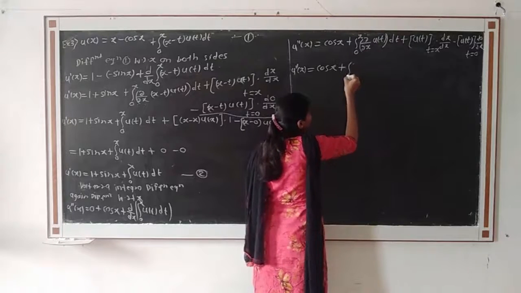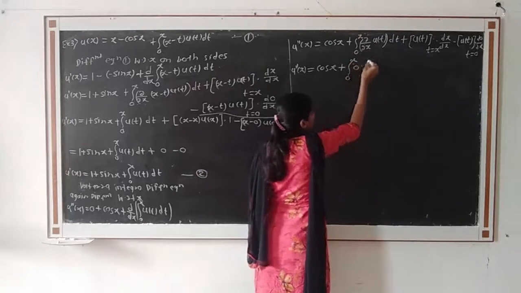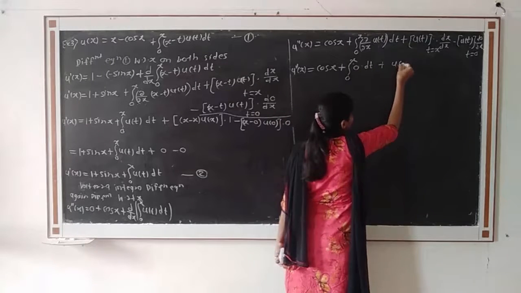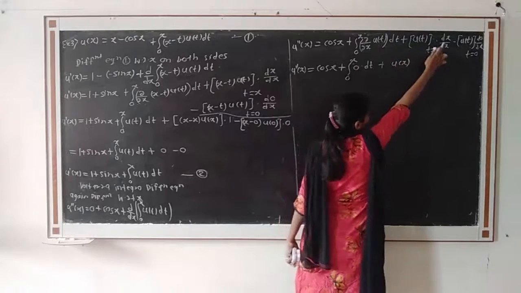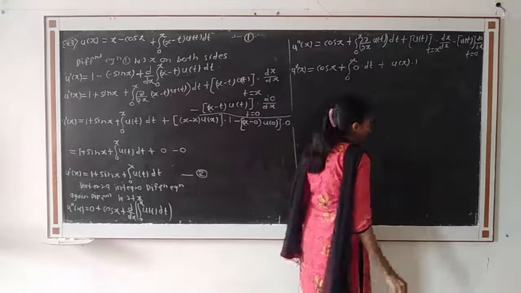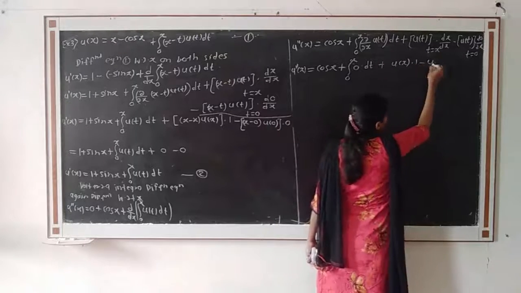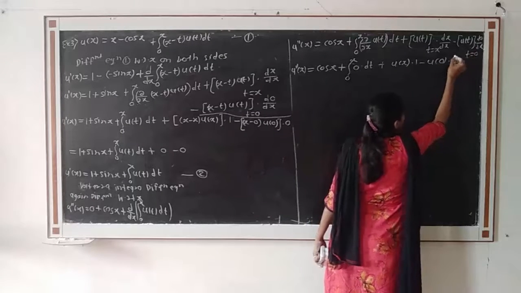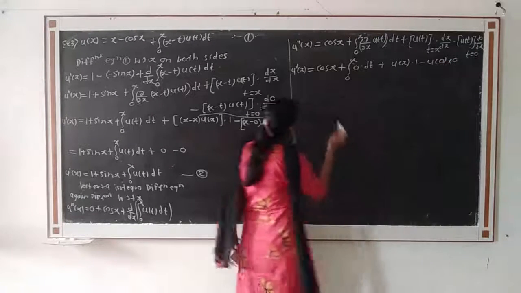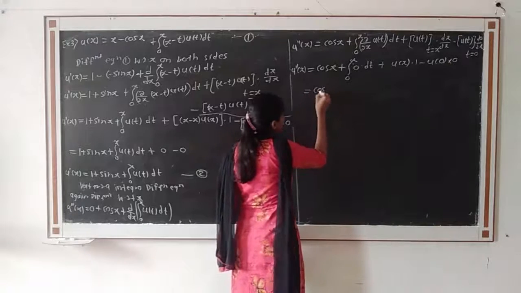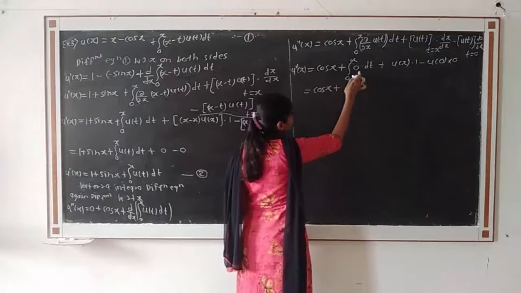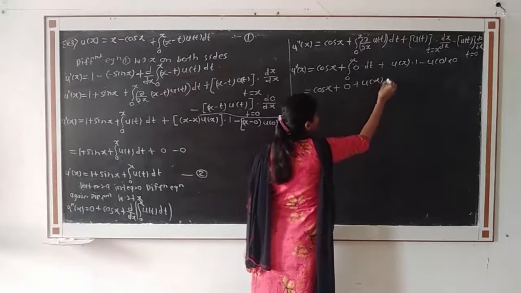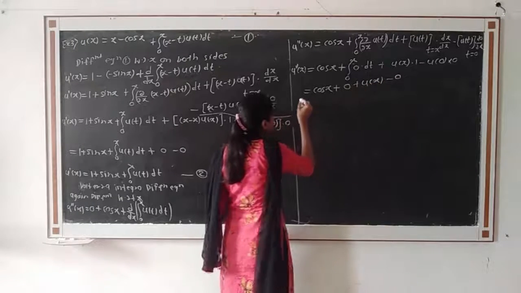Then the integration from 0 to x of 0 dt, plus at t is equal to x we get u of x, and the derivative of x with respect to x is 1, that is times 1, minus u of 0, and the derivative of 0 with respect to x is 0, that is times 0. This is equal to cos x plus 0 plus u of x minus 0.